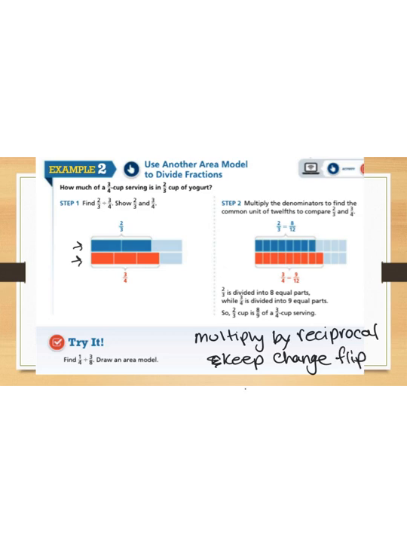So, 2/3 divided by 3/4. Rewrite the problem. 2 over 3, change the sign, flip the second fraction. Now you're going to multiply straight across. 2 times 4 is 8. 3 times 3 is 9.